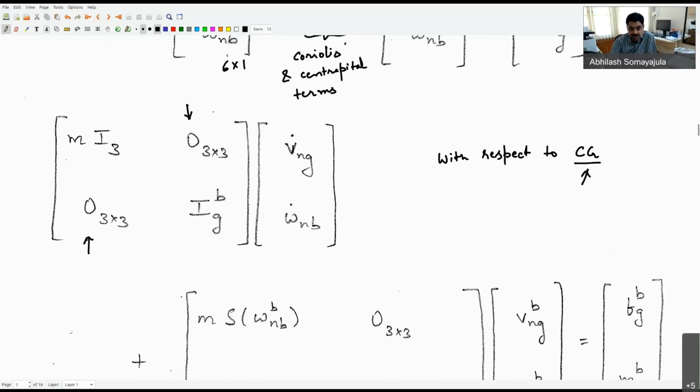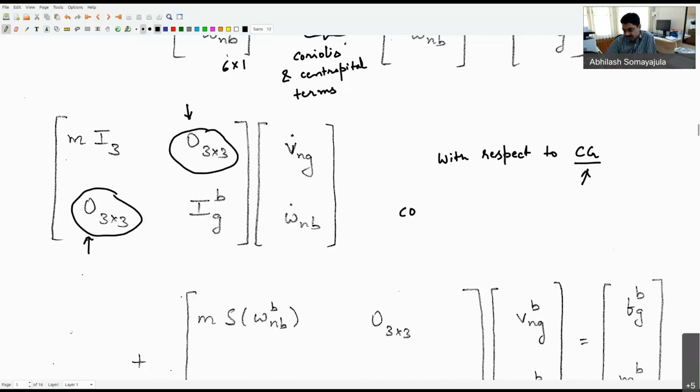Yes, sir. That would not be the case when we derive with respect to the body fixed frame's origin point as the origin about which we derive the coordinate axes. If we derive the equations of motion about CO, you will find that these terms are actually non-zero.